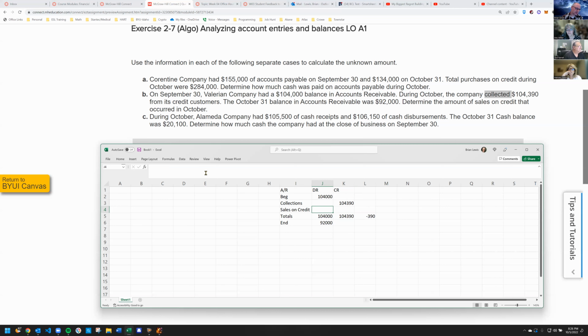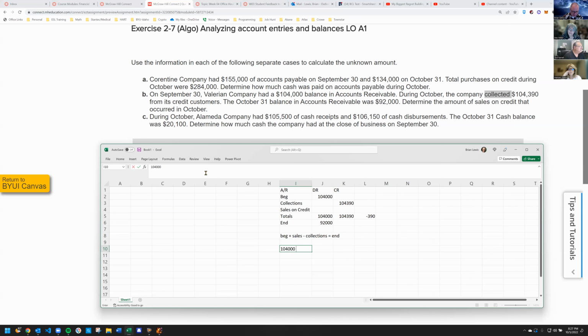Sales on credit, half that plus the 104. Let's do it this way. Beginning plus sales minus collections equals end, right? I know my beginning, 104.